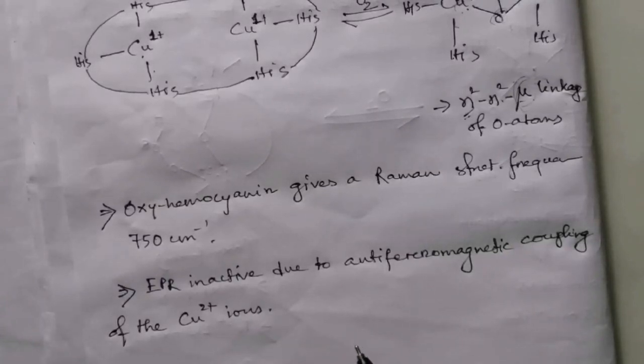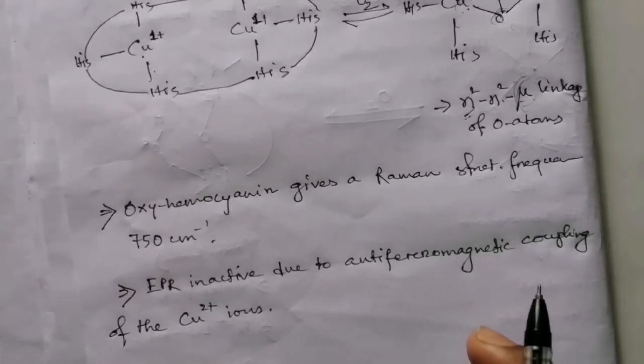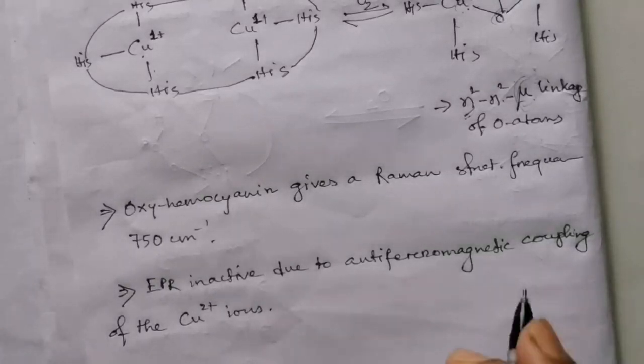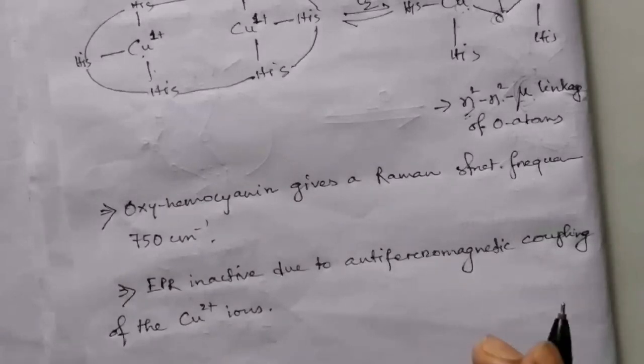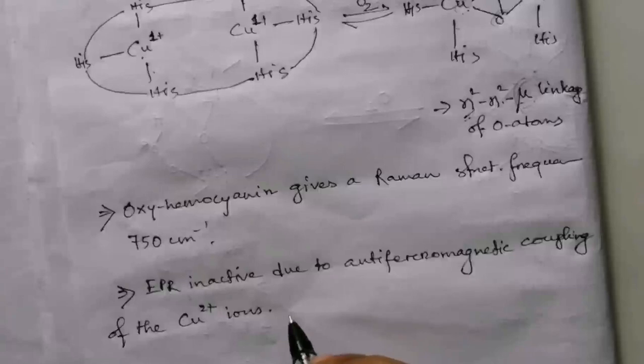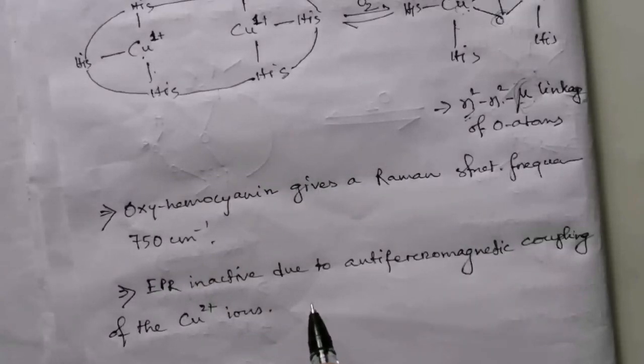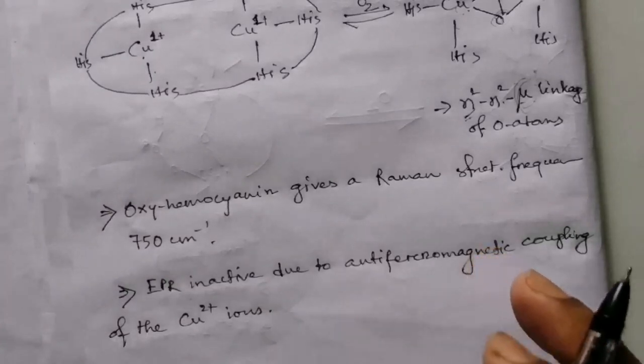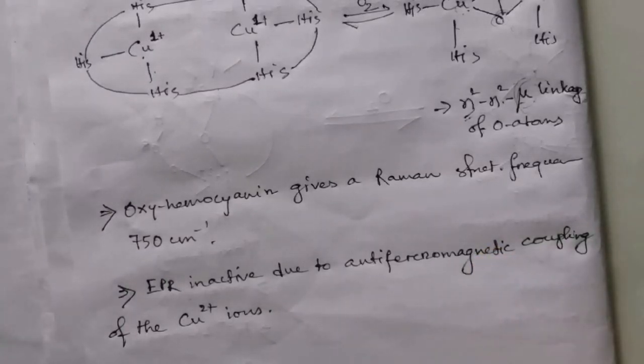So, comparing the structure of hemocyanin and hemerythrin, the main difference is that in hemocyanin, the two oxygen atoms form a bridge between the two copper sites, whereas in hemerythrin, the oxygen atom is linked to one Fe site only.